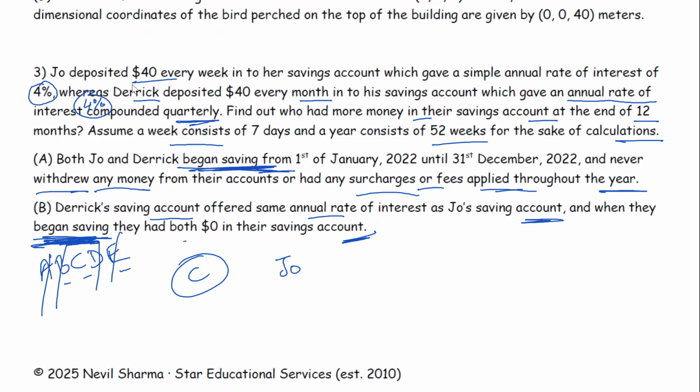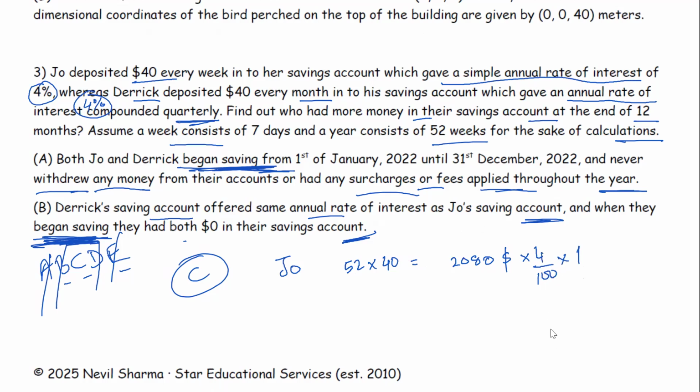So Joe deposits $40 every week, right? So there are 52 weeks times 40, which is 2080, and zero. So that is the money, and a simple annual rate of interest of 4%, right? So times 4% and times 1 year.